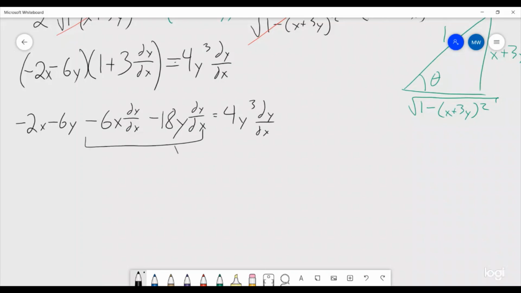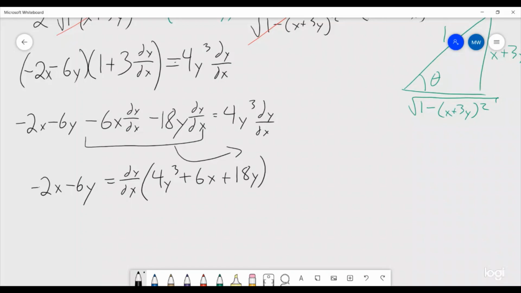Move these two terms to the side, and we are left with negative 2x minus 6y equals dy/dx times (4y cubed plus 6x plus 18y), and then we can divide all of that over to the other side.